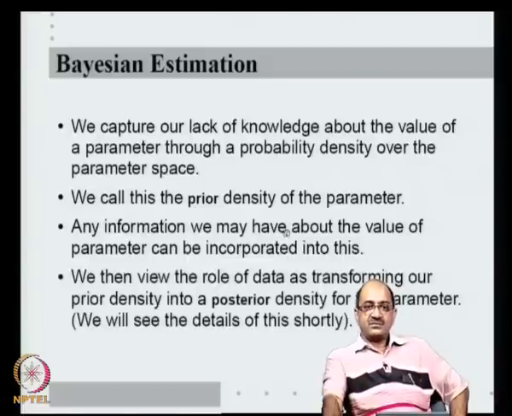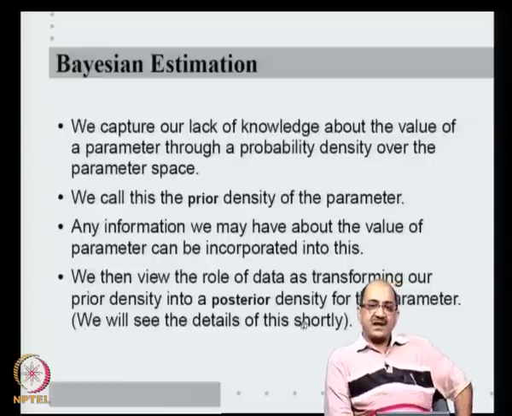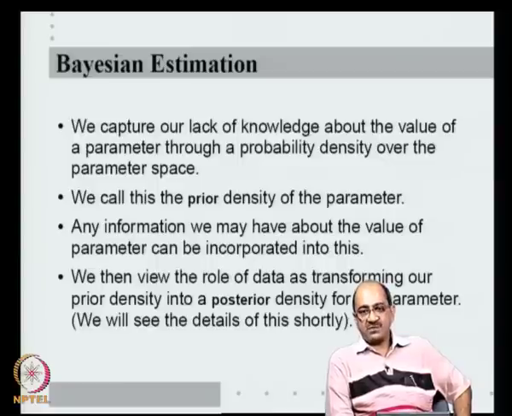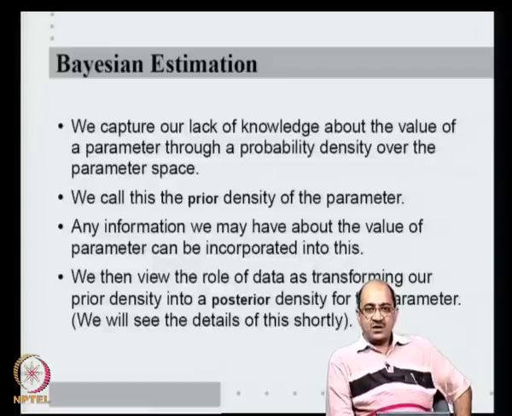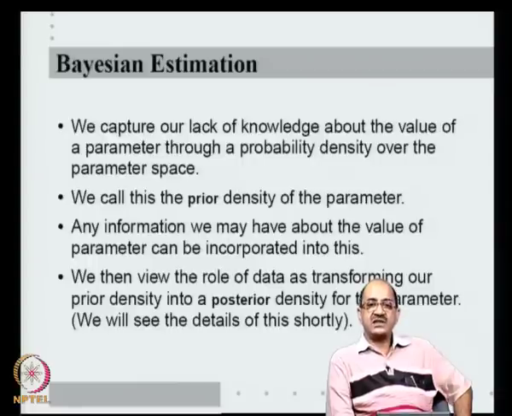Then we view the role of data as transforming our prior density, our view of what the parameter could take, into a posterior density, posterior meaning after seeing the data. We will see many examples of that in the next class.